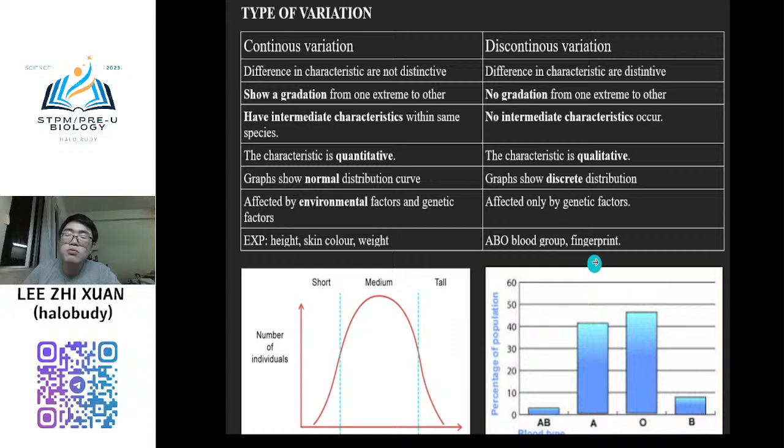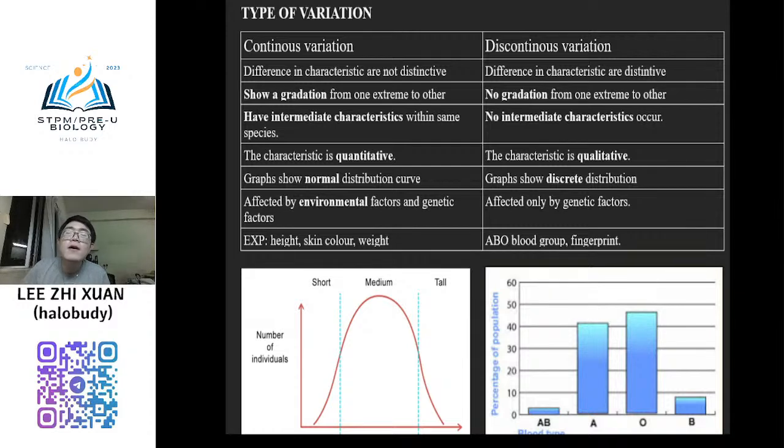That is why many banks, or even when you go to the passport office, they want to recognize your identity, they use the thumb fingerprint, because every person has a unique thumb fingerprint. So this is what we call discontinuous variation, because there is no such thing as measuring your thumb fingerprint.